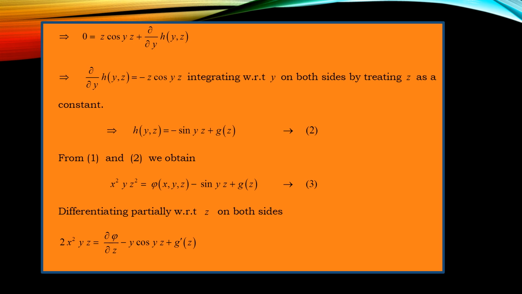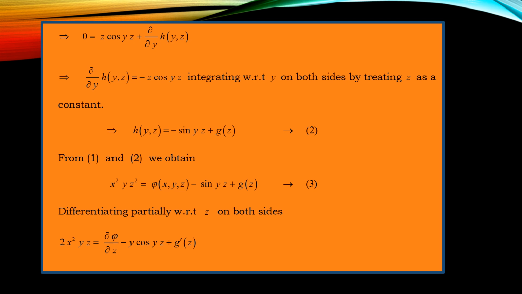Then we get 0 equals z cos yz plus ∂/∂y of h of y, z. From this equation, we find the value of ∂/∂y h of y, z. We get ∂/∂y h of y, z equals minus z cos yz.